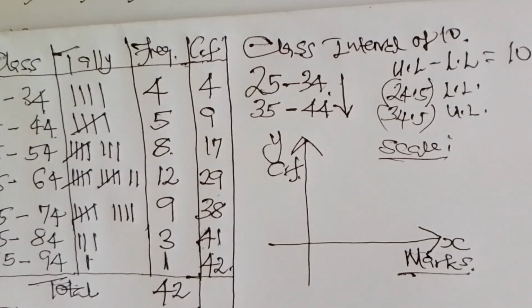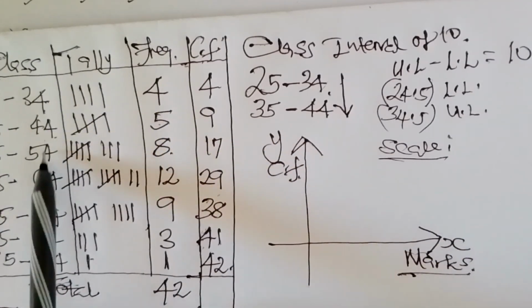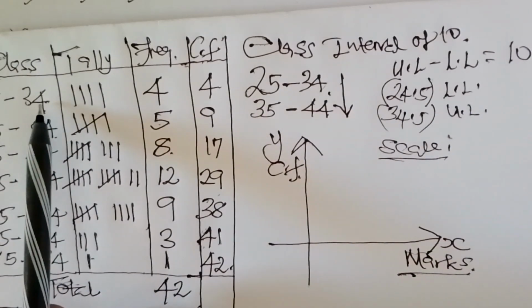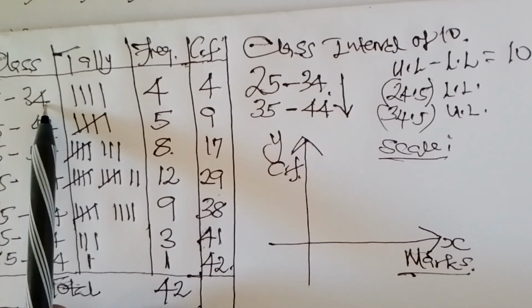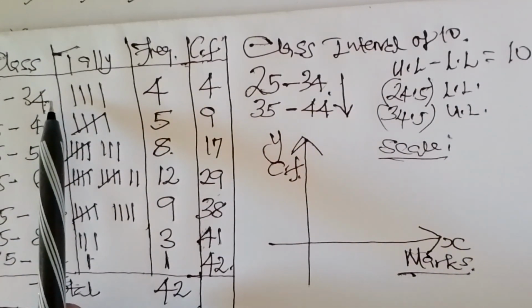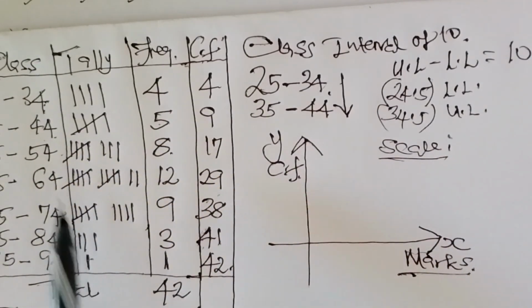And then when we plot the cumulative frequencies against the max, the max will be given by the upper boundaries. In this particular case, the upper boundaries for the classes will be 34.5, 44.5, 54.5, 64.5, 74.5, 84.5, and 94.5.